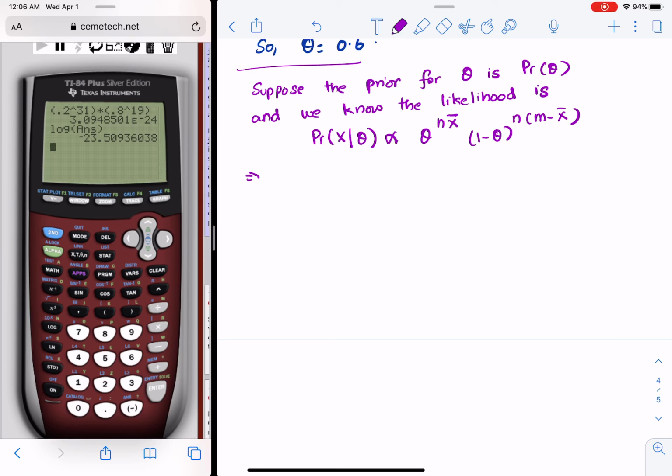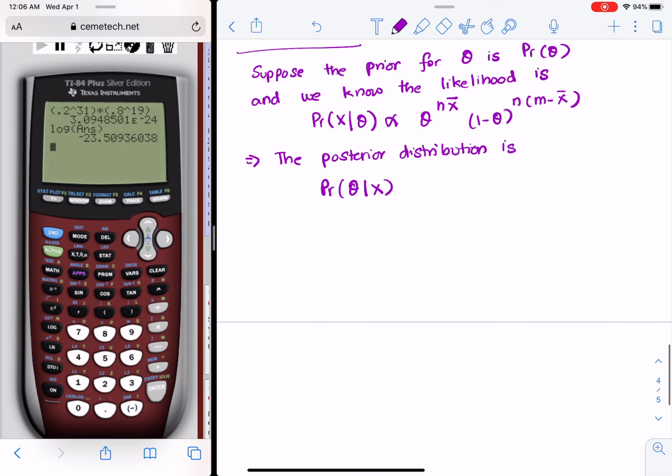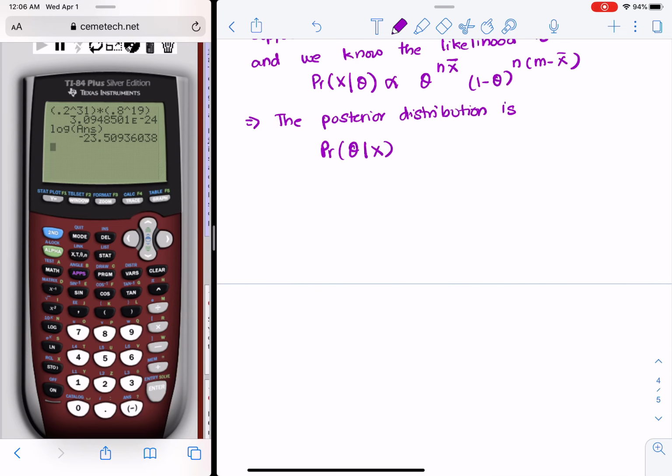This would mean the posterior distribution is proportional to the probability of theta given x, which is the probability of x given theta times the probability of theta. We're using the proportional sign here to keep things simple again.